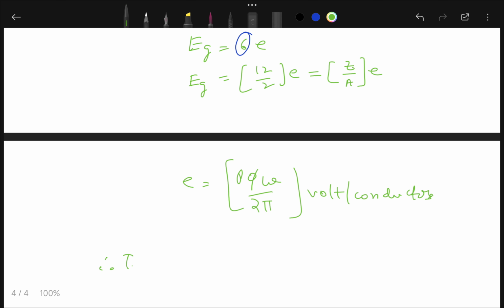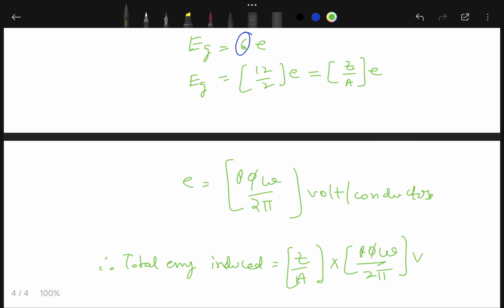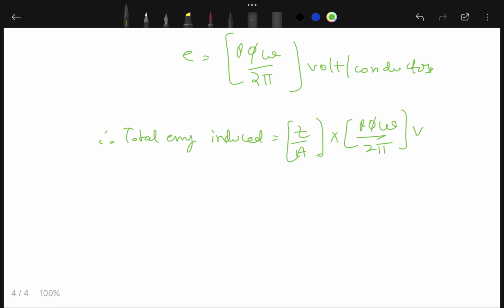So therefore total EMF induced can be written as Z by A, because Z number of conductors are arranged in A number of parallel paths, into P phi omega by 2 pi volt.